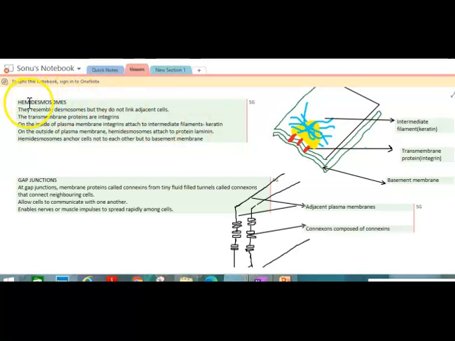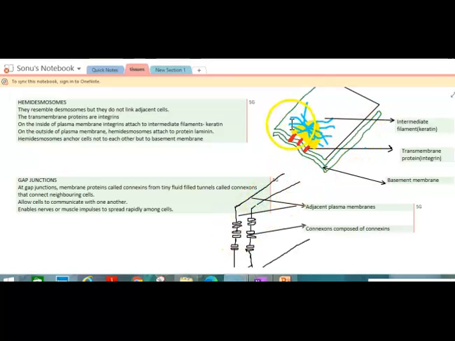The next type of cell junction is hemidesmosomes. Now you can see that, so far, we have seen the cell junctions which help the cells to get attached to each other. But now we are going to see a cell junction which helps the cell to attach to the basement membrane. So this is a basement membrane, and this is one cell which is trying to stick to the basement membrane.